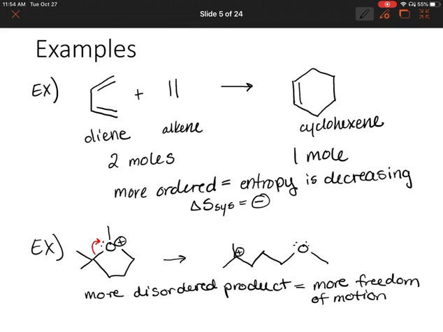So the atoms can't move around as much in a ring. Okay, so if the product is more disordered than the reactant, is the entropy positive or negative? Positive. So disorder is increasing, which means entropy is increasing, so that is positive.